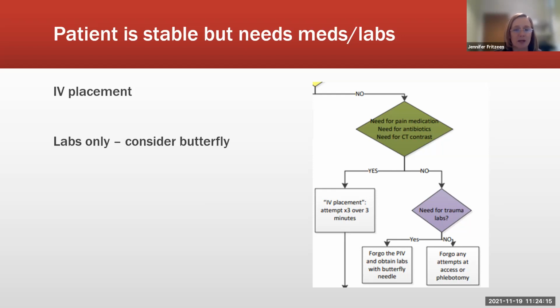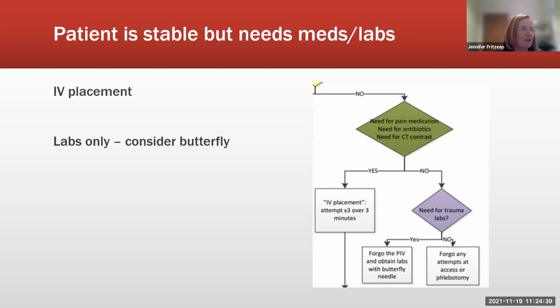These are pretty stable patients that should be on the easier side of IV placement. And so again, we say IV placement, 3 attempts over 3 minutes. Again, that 3 minutes is not an absolute, but it's to really save us from torturing those children before we contact the IV team or some other resource to figure out how to get access.